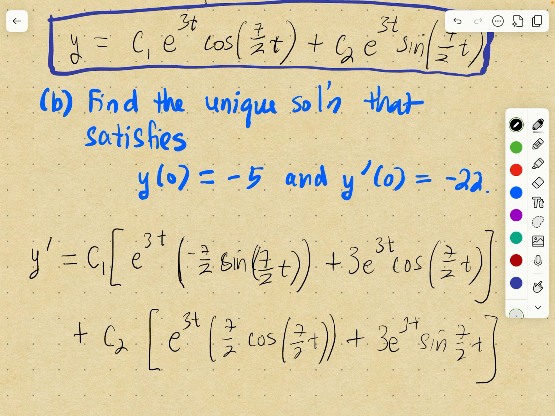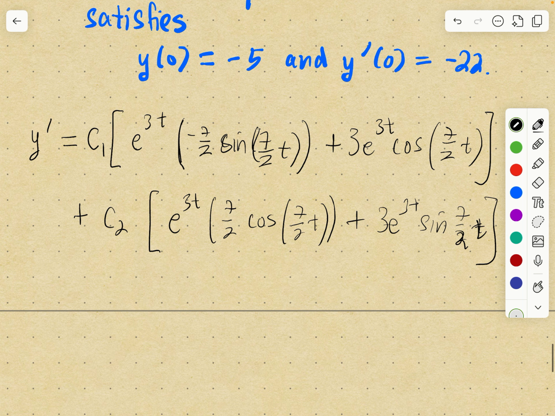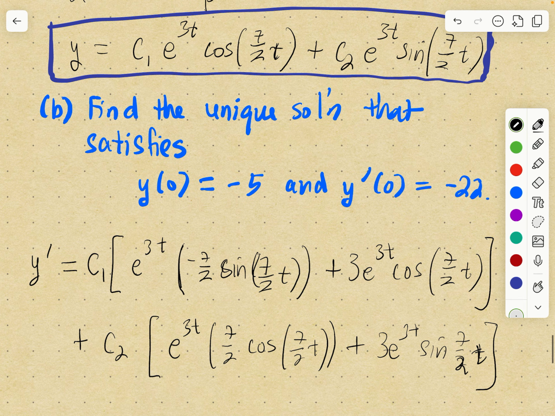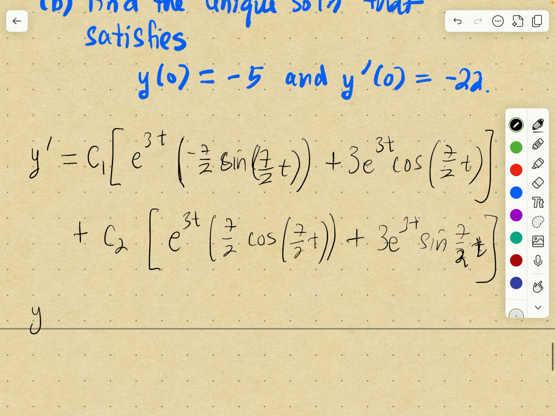Okay. I'm just going to leave out the parentheses since we don't need them. Now at this point, we can plug in our y prime of 0. So we know that y prime of 0 is, so what do you get when you plug in 0? You're going to get sine of 7 over 2 times 0. 7 over 2 times 0 is 0, right?